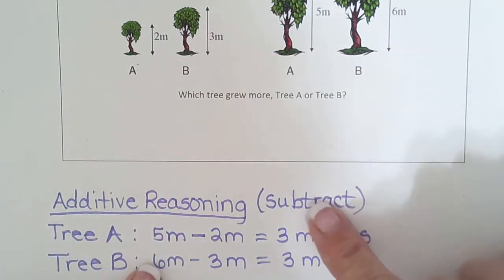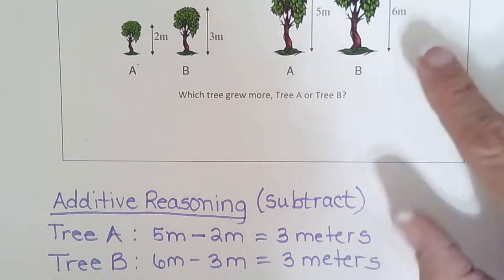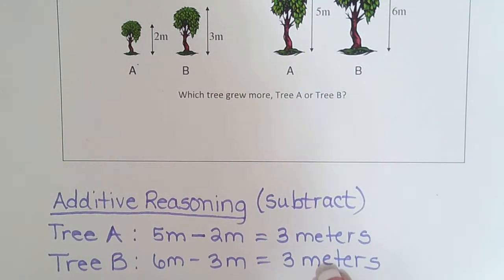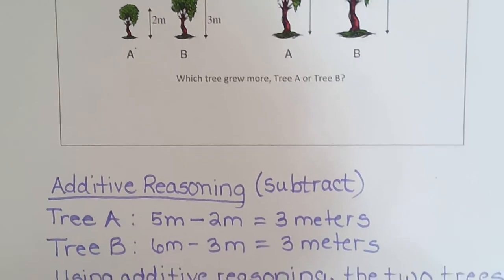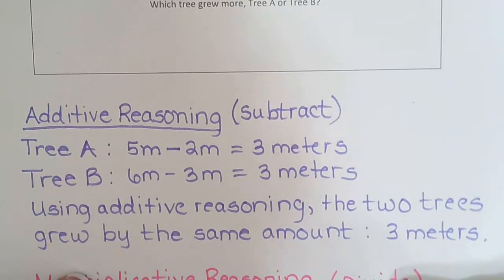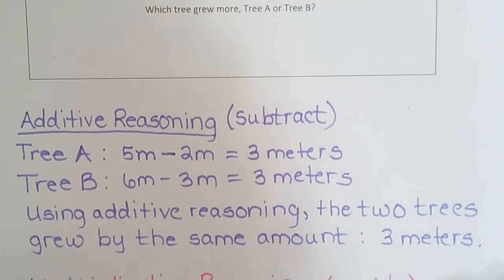Using subtraction, 6 minus 3, it also grew 3 meters. So using additive reasoning, which is the most typical type for students, we could say the two trees grew by the same amount. They both grew 3 meters.